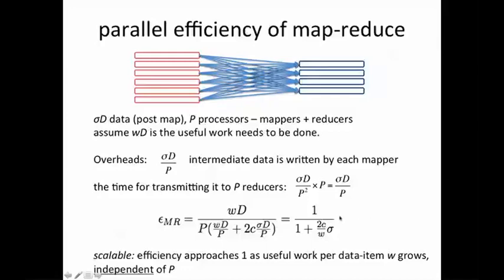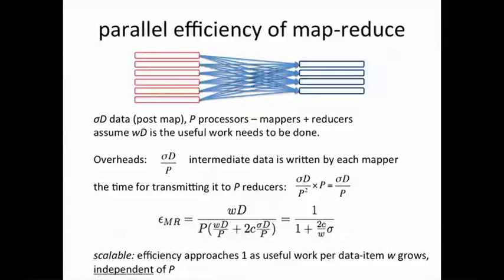On the other hand, if the extra data that you produce after the map phase grows, then efficiency can suffer and reduce considerably. So it's very important to use things like combiners to ensure that too much data doesn't get blown up after the map phase is done.